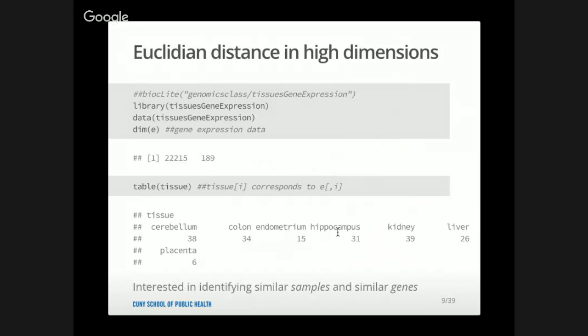A couple from the brain, the cerebellum and hippocampus, colon, endometrium. So we have some distinctive and some similar tissues in here. And in general, what we're going to be interested in doing with distances is identifying similar samples and similar genes.